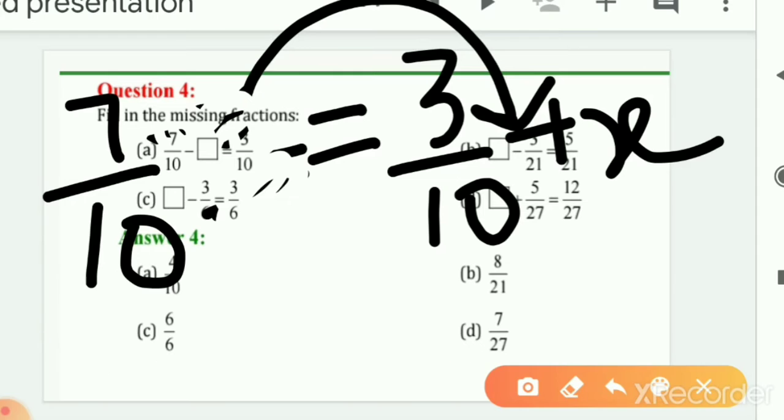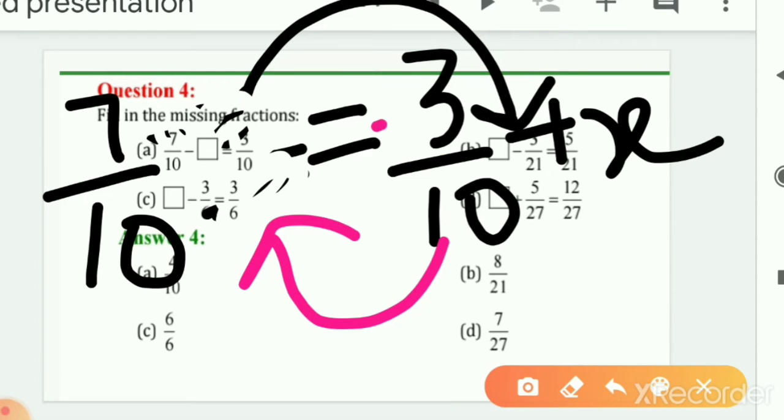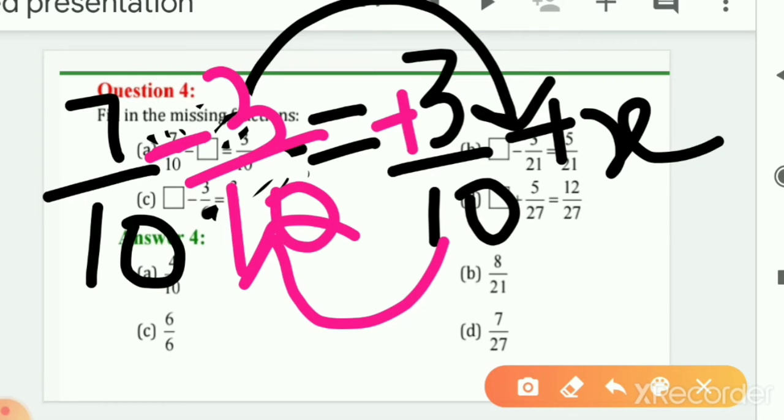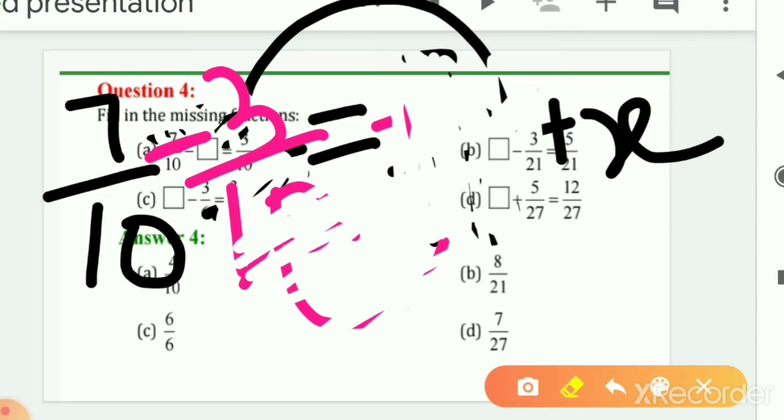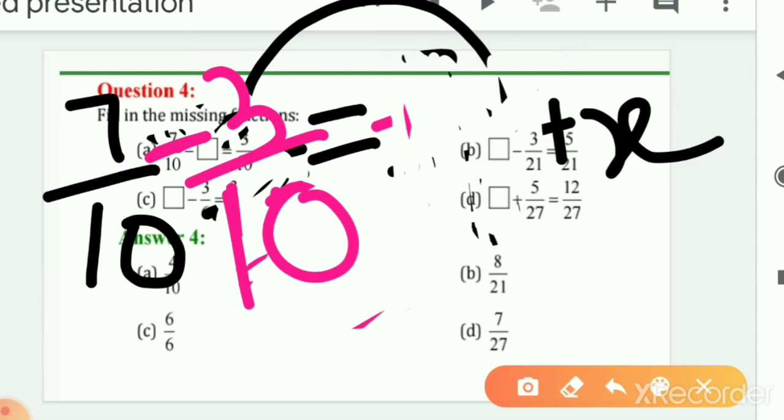Now we take this 3 by 10 to the other side. Here it is in plus sign because no sign means plus sign, so it will come with minus 3 by 10.